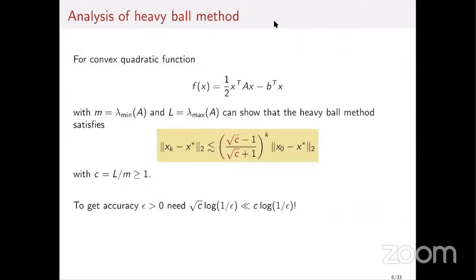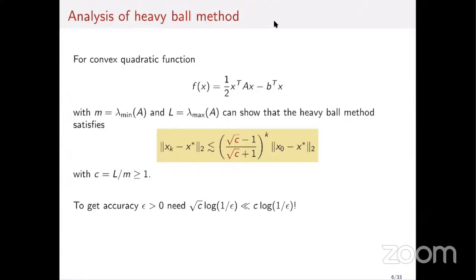Probably the simplest function that one would like to look at when you devise a new optimization method for smooth problems is a quadratic function. So we can try to see what is the behavior of this heavy ball method on a quadratic function.